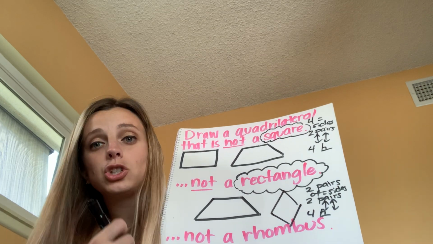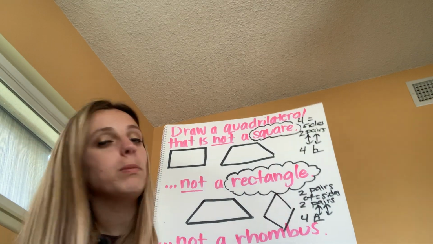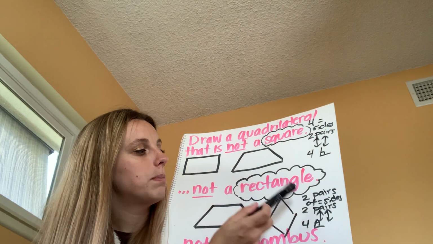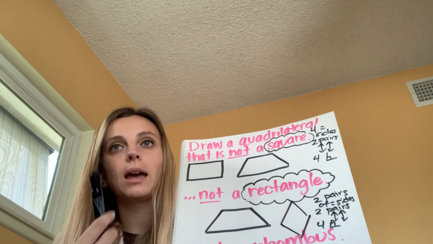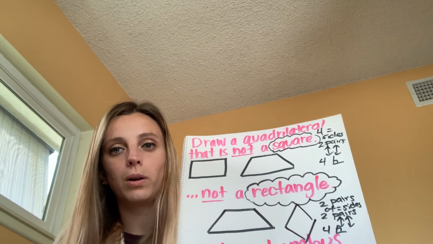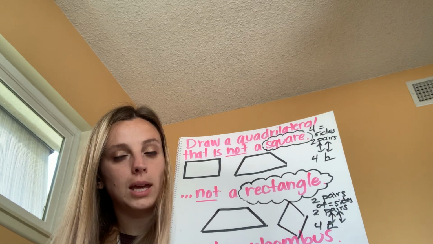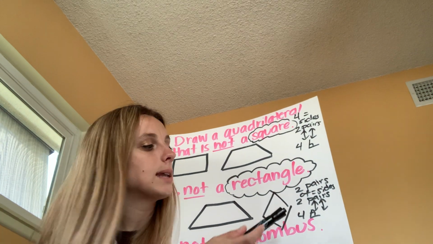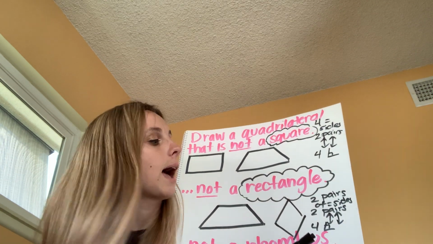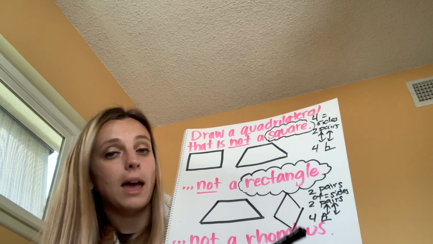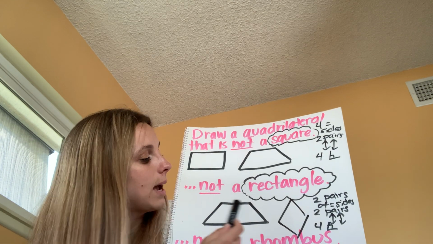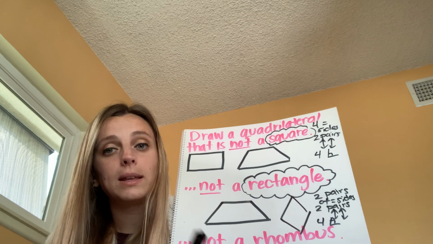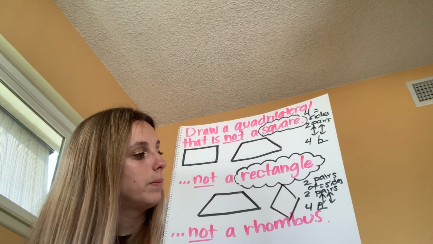Again, I can change parts of this to help me think of shapes I could come up with. I don't want to change the pairs of equal sides because if I made all 4 sides equal, a square is still a type of rectangle, so that one isn't going to work. But I can change, like last time, how many pairs of parallel sides I have. Let's draw one that has 1 set of parallel lines. Again, we could use a trapezoid as a non-example for a rectangle.